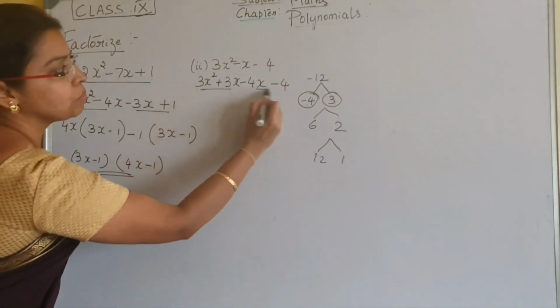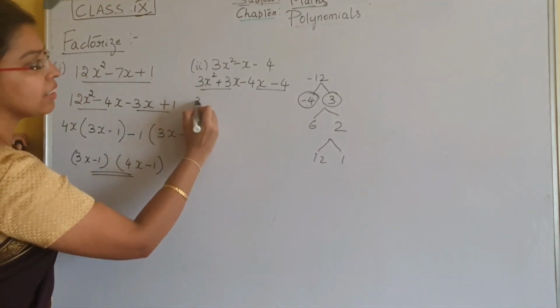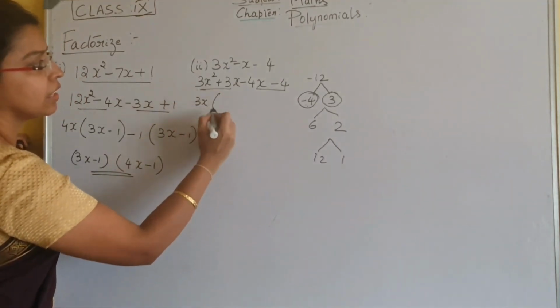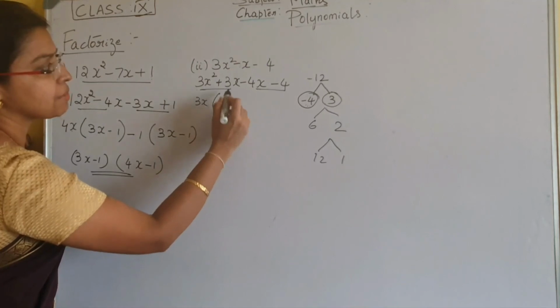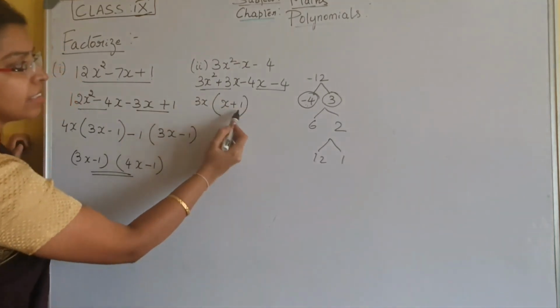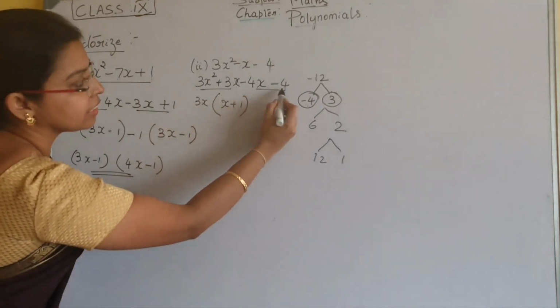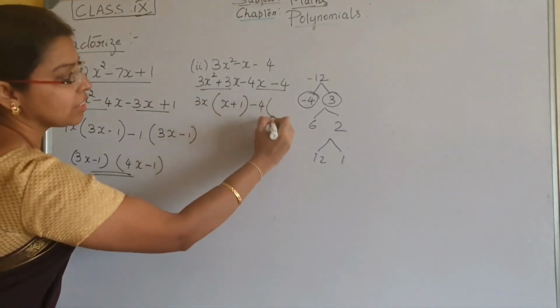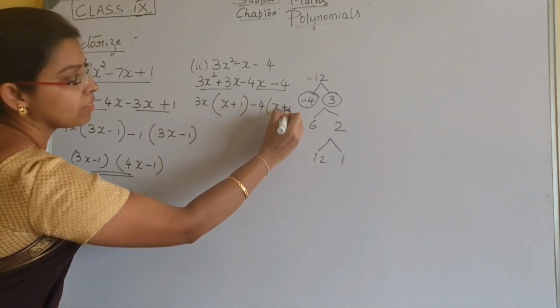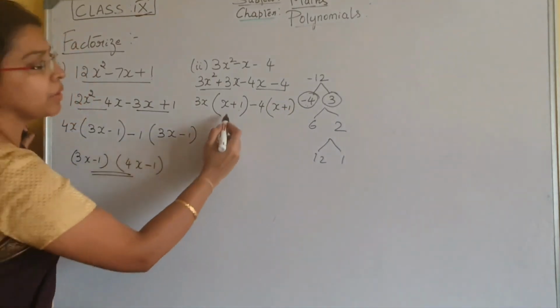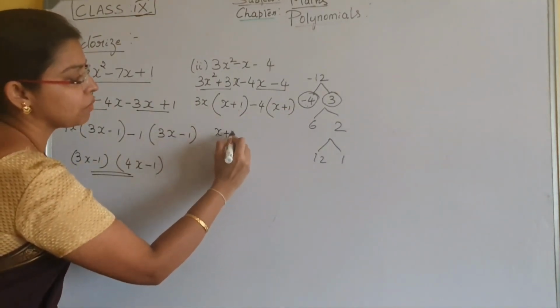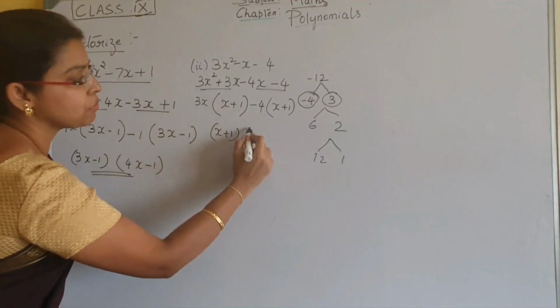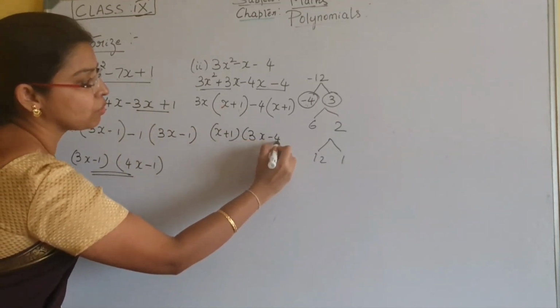Okay, now we will group. What is common here? 3x is common, which leaves x plus 1 within the brackets. And then in this, what is common? Minus 4 is common, which leaves us x plus 1 within the brackets. Now again x plus 1 is common and we are left with 3x minus 4.